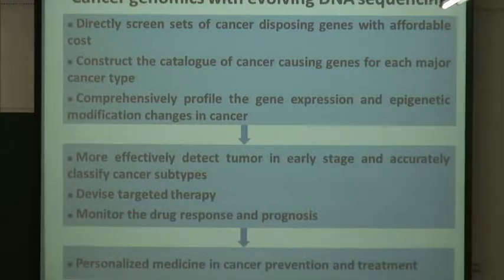And also, you can profile not only the DNA mutation, but also the gene expression linked with cancer initiation and progression, and also the epigenetic changes. With all this information, we can develop more effective ways to detect tumors at any stage and very accurately classify cancer types.